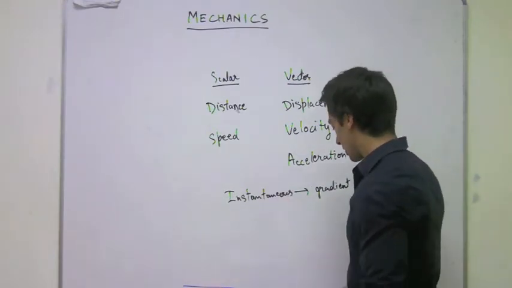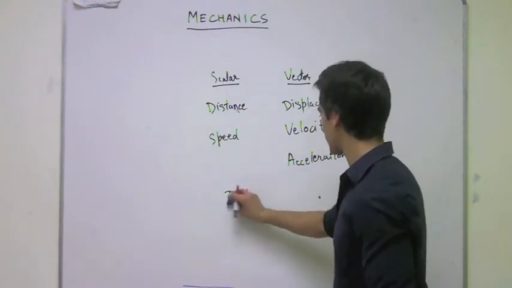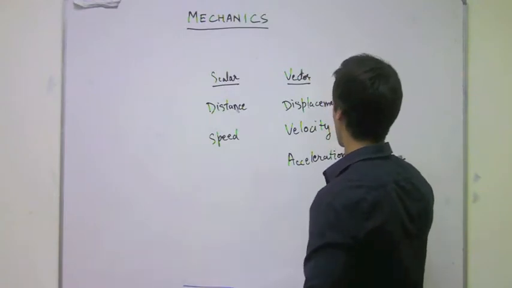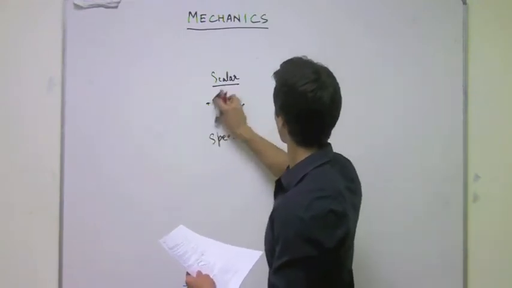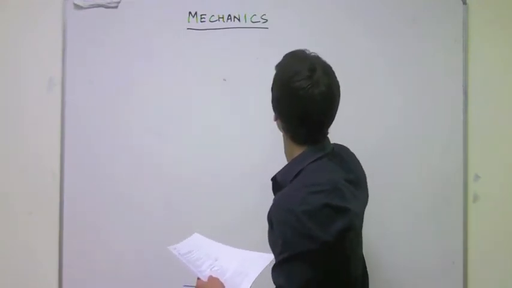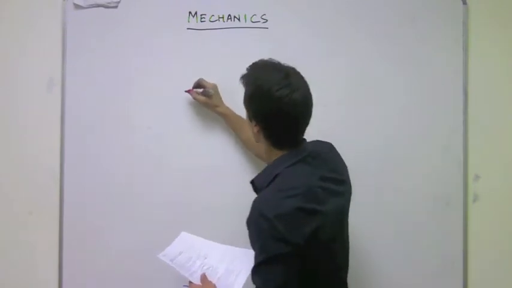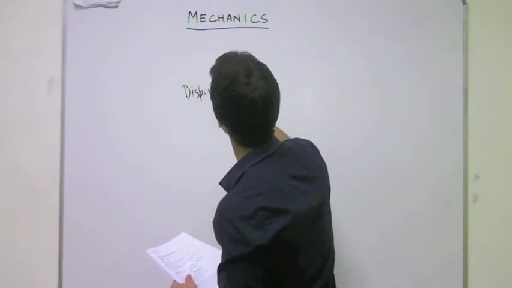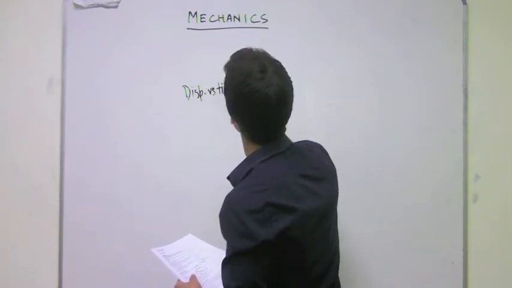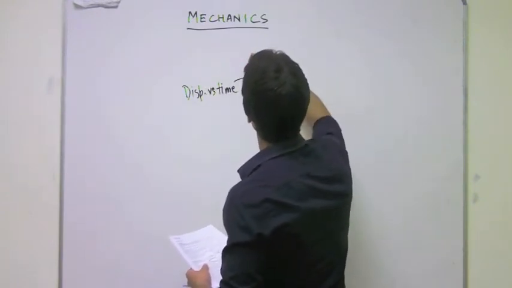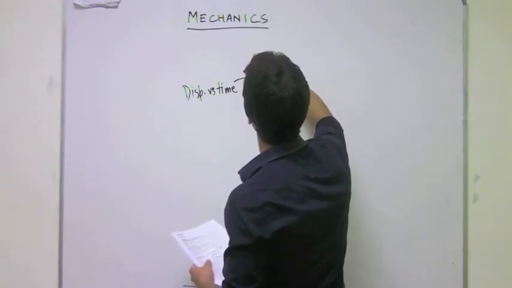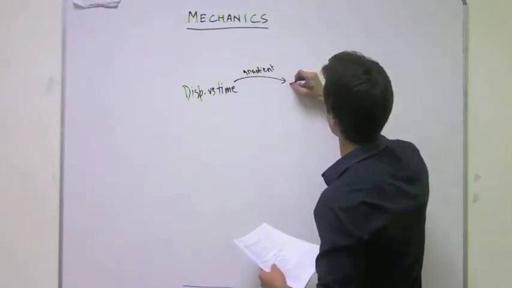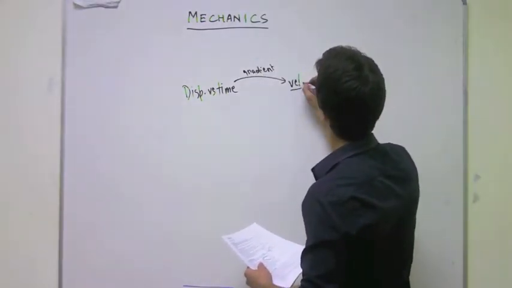Then, like I said, you want to draw the graphs for all these values and show the relationship between them. For example, if you have a displacement versus time graph and you take the gradient, you will get the velocity, right?